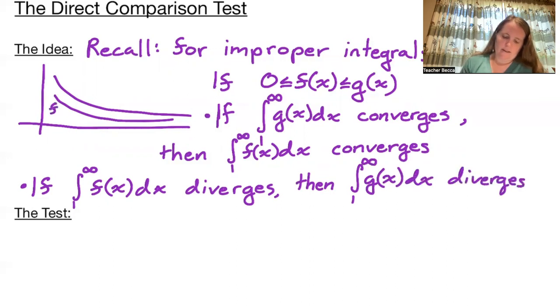And so essentially, if we have finite area, then anything inside that must also be finite. If we have infinite area, then anything containing that must also be infinite.